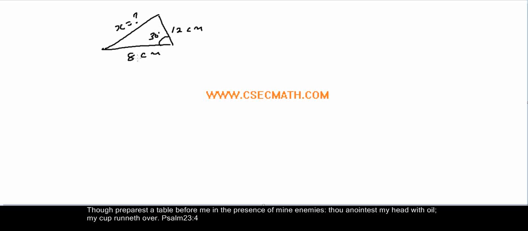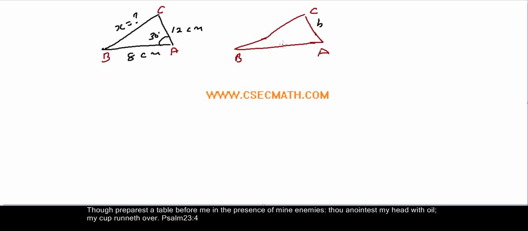Okay, so whenever a shape of this nature is given, let us name it A, B, and C, and then compare it to the explanation that I gave you in applying the cosine rule.